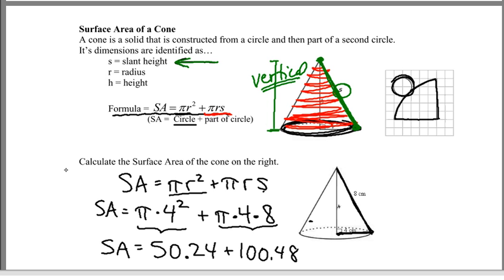So we know that the surface area of that cone to 1 decimal place is 150.7 centimeters squared. So when we have prisms, we need to put together the information to create. However, if we have spheres, cylinders, or cones, we can come up with the questions themselves.